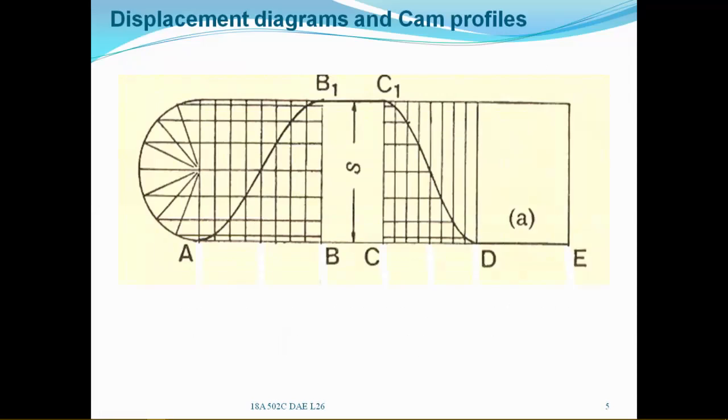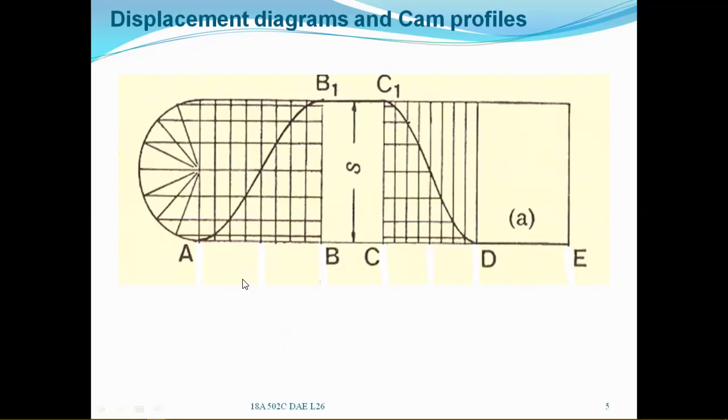And now the displacement diagram for simple harmonic motion for any follower is the same, no difference in case of displacement diagrams for any type of follower. So here in this case, once again I will recall how to draw the displacement diagram with the follower moving with simple harmonic motion.